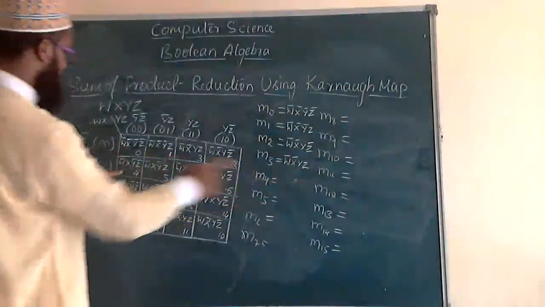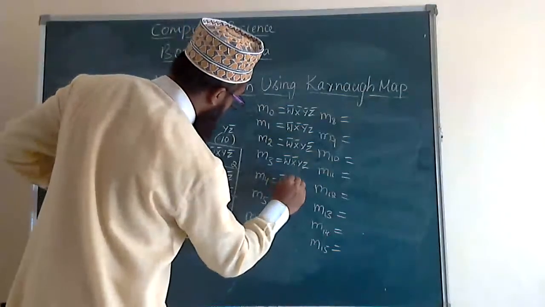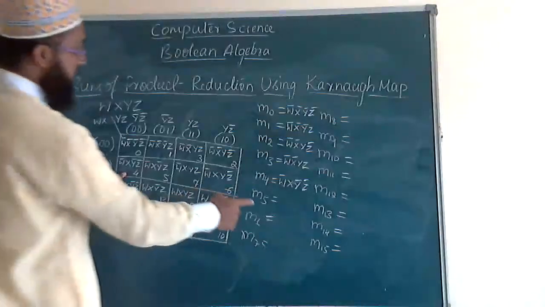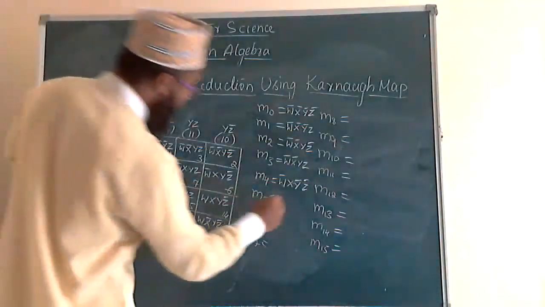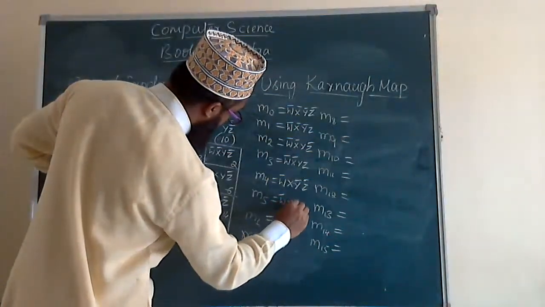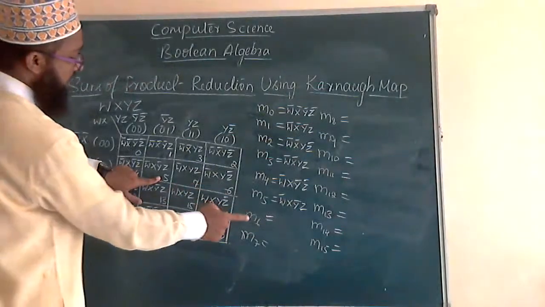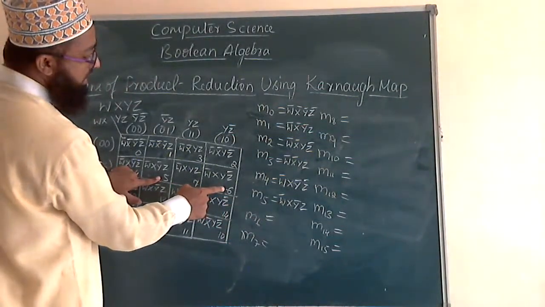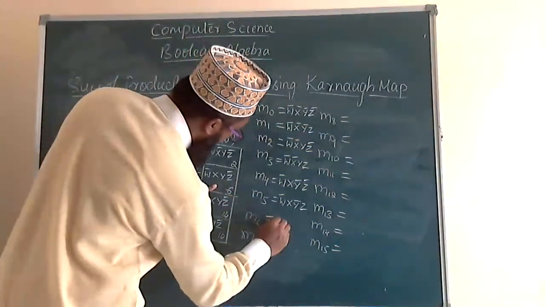Then for m4, write from here: w bar x, y bar z bar. Then for m5, from number 5 square: w bar x, y bar z. Then for m6, remember we need to write from this square because number 6 is here: w bar x, y z bar.